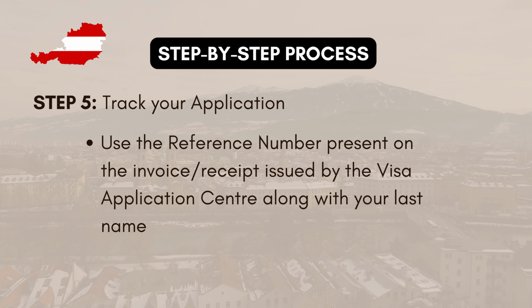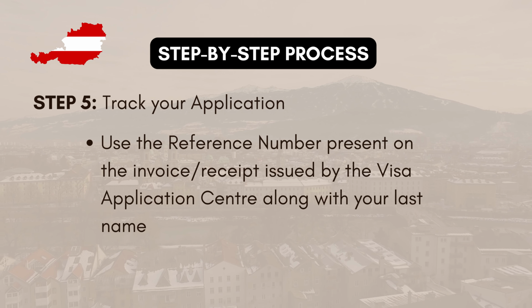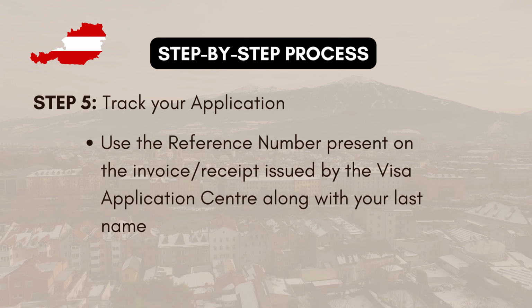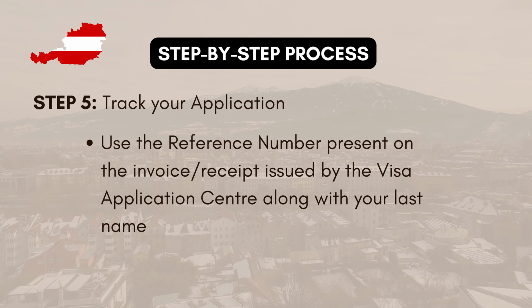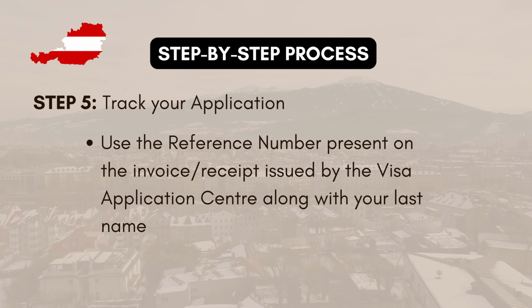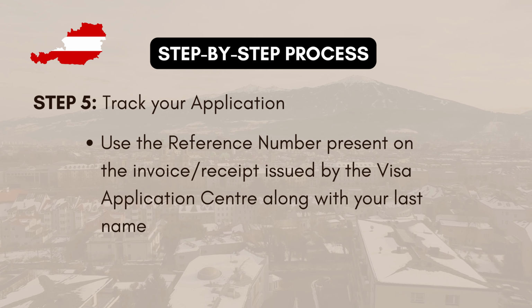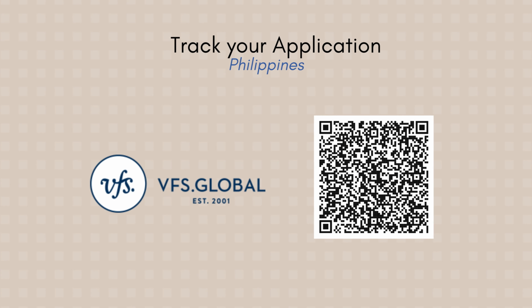Now, the next step is waiting for the result and tracking your application. You can track your application by using the reference number on the invoice or the receipt issued by the Visa Application Center along with your last name. For those in the Philippines, here's the QR code wherein you can track your application.